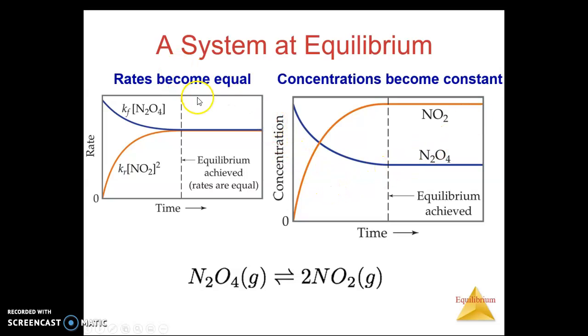So, a system at equilibrium has equal rates and constant concentrations of reactant and product, but the concentrations are almost certainly not the same. Once equilibrium is achieved, you have equal rates forward and reverse. You have constant concentrations or partial pressures of reactants and products, but those concentrations are almost certainly not equal.